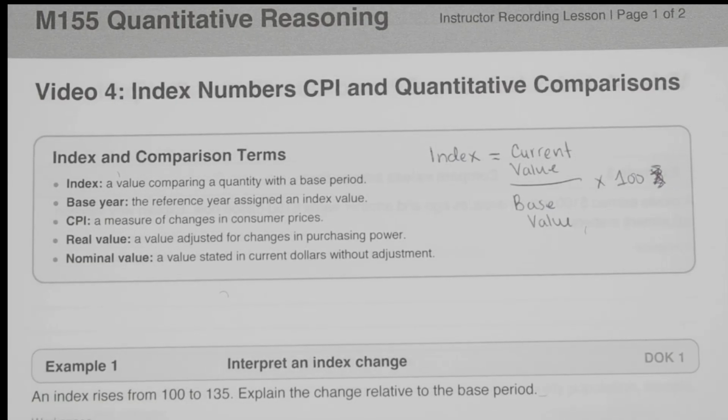Next, we have CPI. CPI measures the changes in consumer prices over time. We also need to distinguish between something called nominal value and real value. A nominal value is stated in current dollars without adjusting for changes in purchasing power.